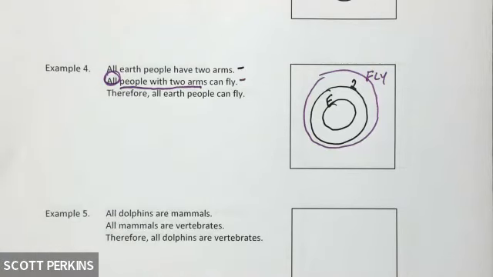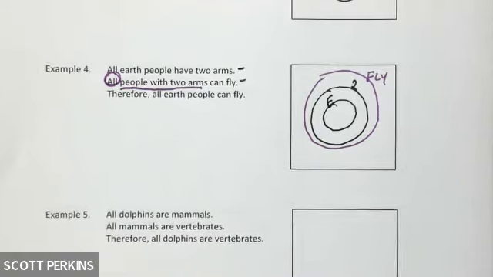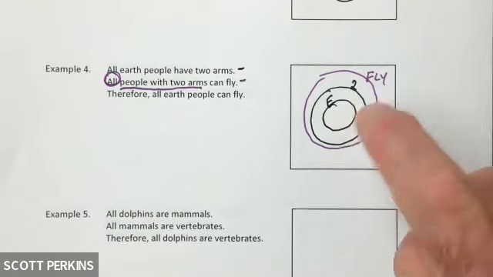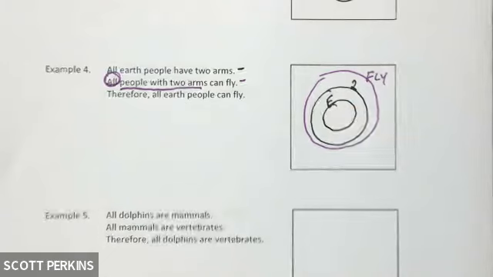Now, looking at that drawing, there's no other way I could have drawn the flying circle. It has to go around the two arms circle. So do I have to come to the conclusion that all Earth people can fly? Where's my Earth people circle? It's in the middle. Is it completely inside the fly circle?